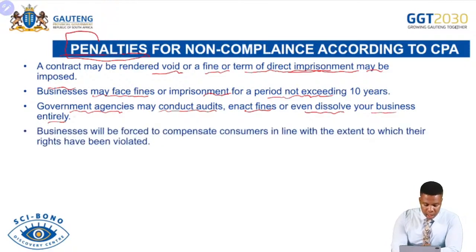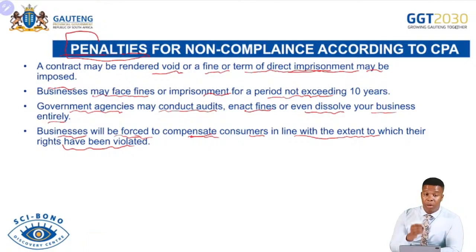And then another punishment could be that businesses will be forced to compensate consumers in line with the extent to which their rights have been violated. So businesses would be forced to compensate consumers if, for example, the transaction led to a medical condition for a particular customer and that information was not revealed on the product.